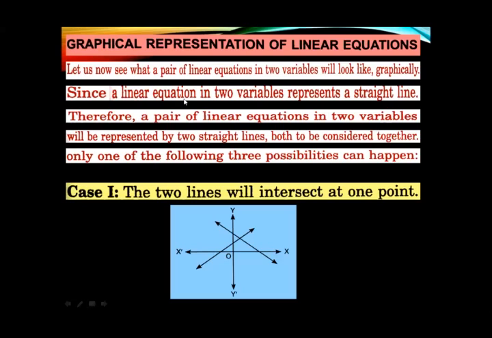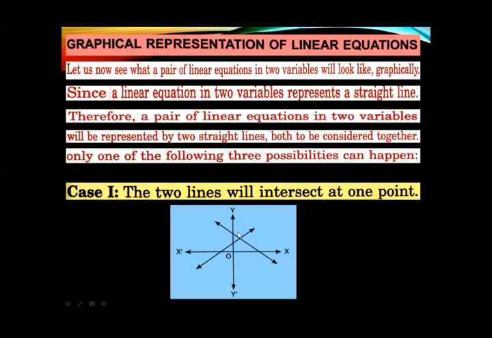As you all know, a linear equation in two variables represents a straight line. So a pair of linear equations in two variables will be represented by two straight lines, both to be considered together. So when we draw two straight lines together, there can be three possibilities. Try to understand all these three possibilities.